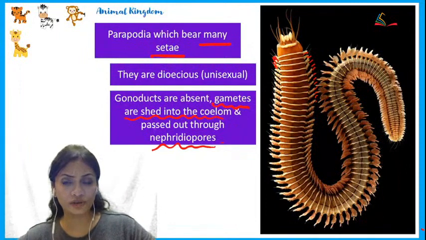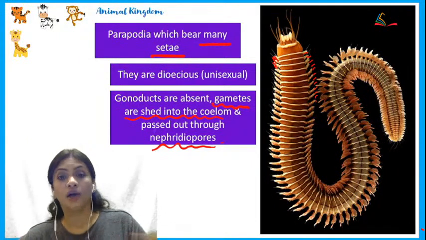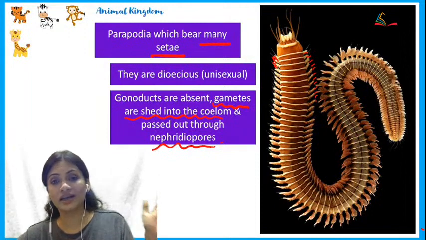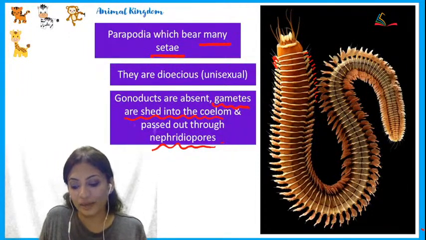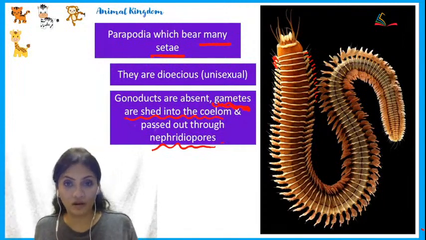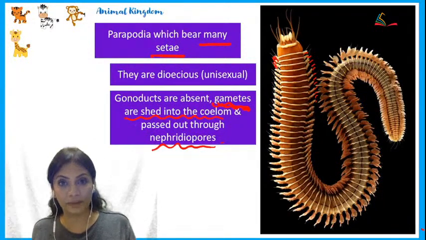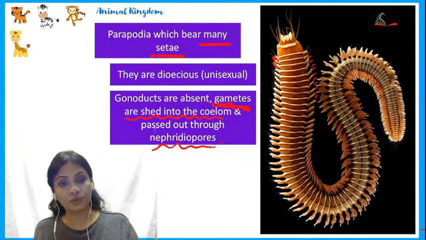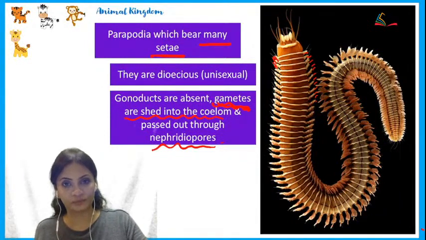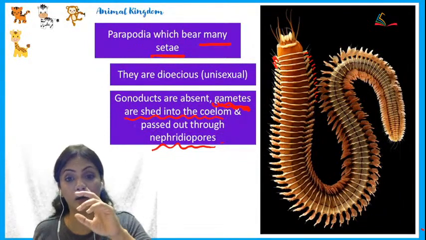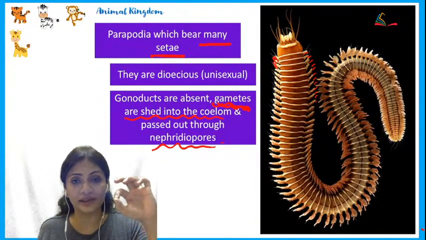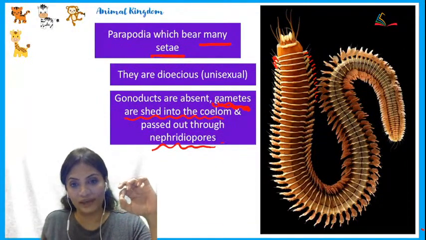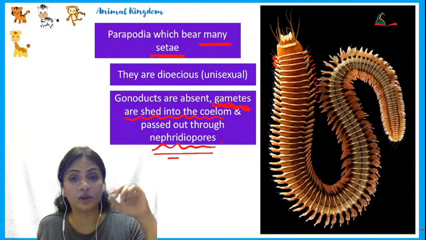Through those nephridiopores, not only does the excretory waste come out, but also the gametes are going to come out because the sexes are separate. So the male sperms would have to come out of that worm and enter into the female worm. And how would it come out? Through those small minute openings, and those openings are called nephridiopores.